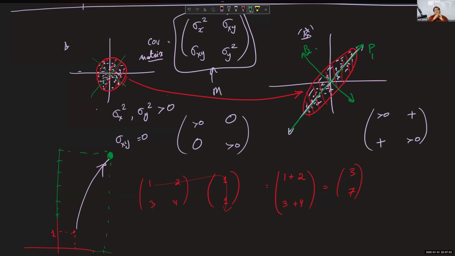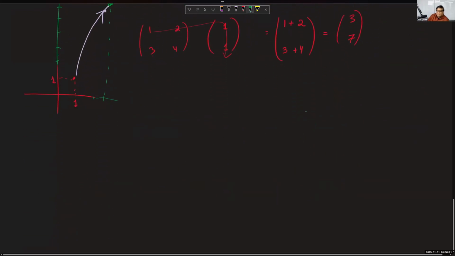So now you can ask this question: if an ellipse inherently has greater variance along one axis than the other, pick the axis that has the greatest variance and ask, if I took a unit disk of radius 1 and made it into an ellipse, what is the degree of stretch it went through? Let's call that lambda 1.